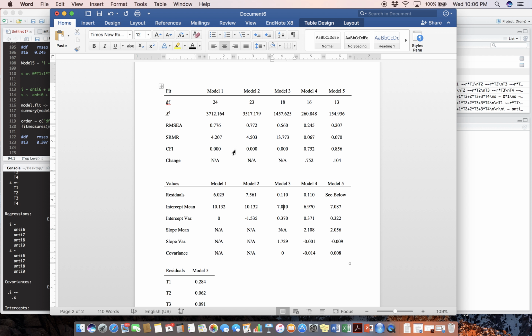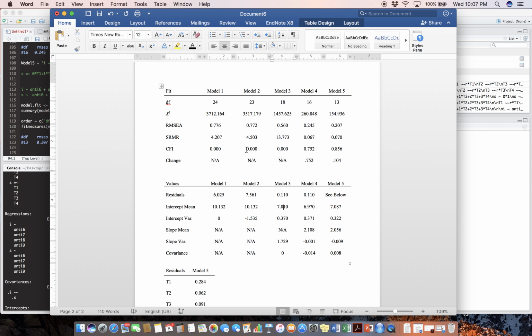And we see that our CFI value starts to approximate 0.90. Our SRMR is 0.07, and our RMSEA is 0.2. So roughly speaking, this is not the greatest fit for the data, but it is approaching greater fit indices as we've removed the restrictions, essentially.